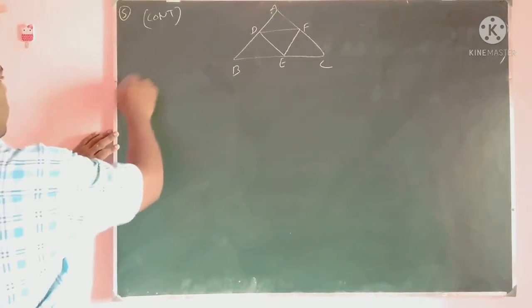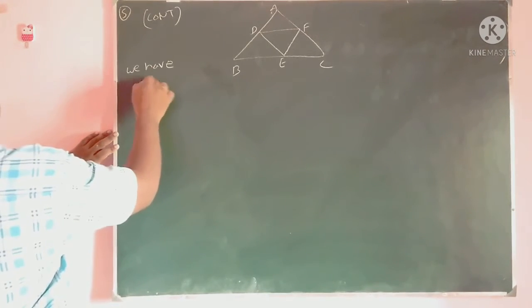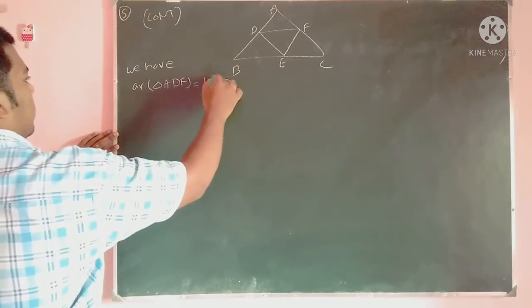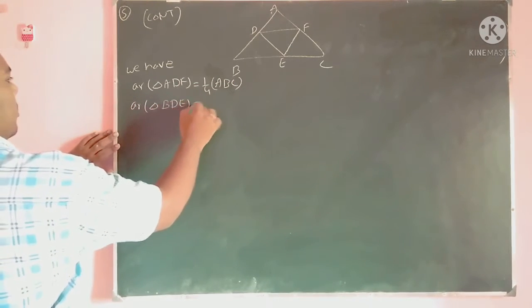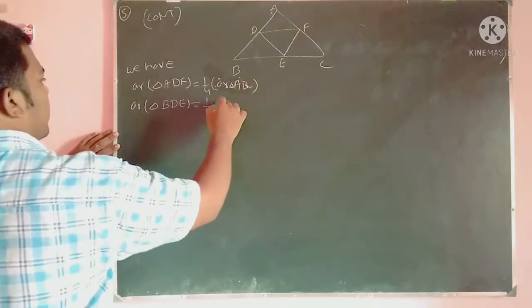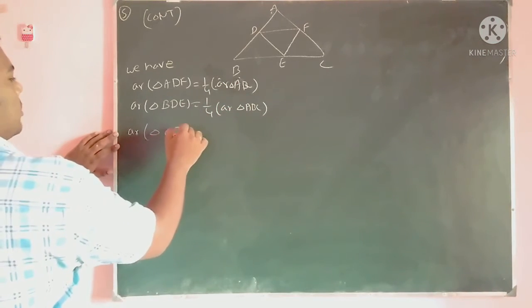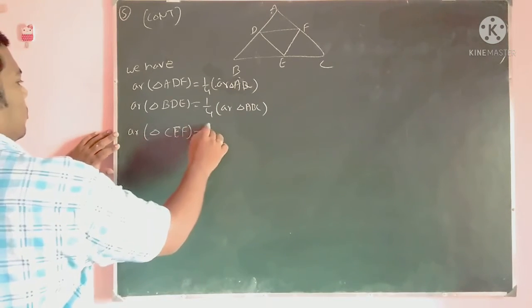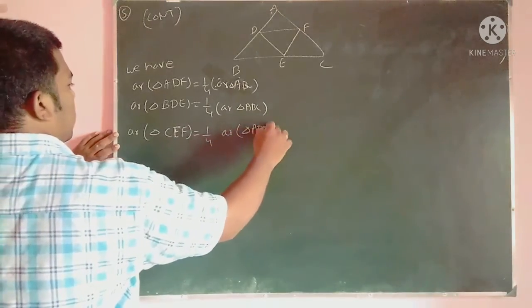Now clearly, we already have area of triangle ADF is equal to 1 by 4 times ABC, area of triangle BDE is equal to 1 by 4 times area of triangle ABC, and area of triangle CEF is equal to 1 by 4 times area of triangle ABC.